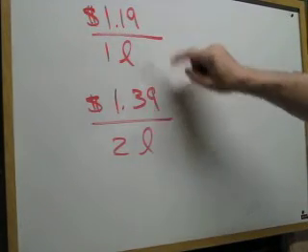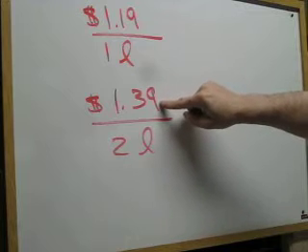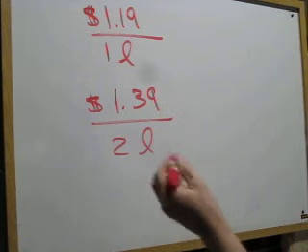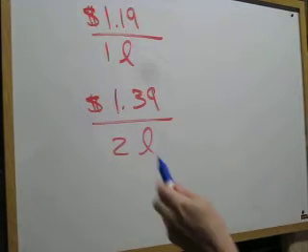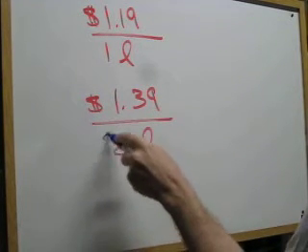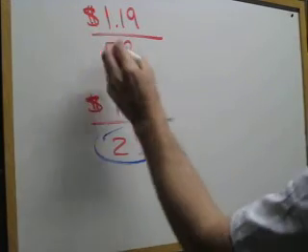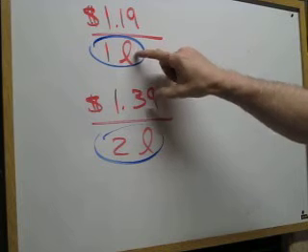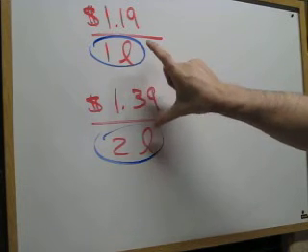We want to find out which one of these is the best deal. To find out the best deal, we have to get the bottom number to be a 1 and the bottom unit to be the same. They're both already liters, so we're okay.